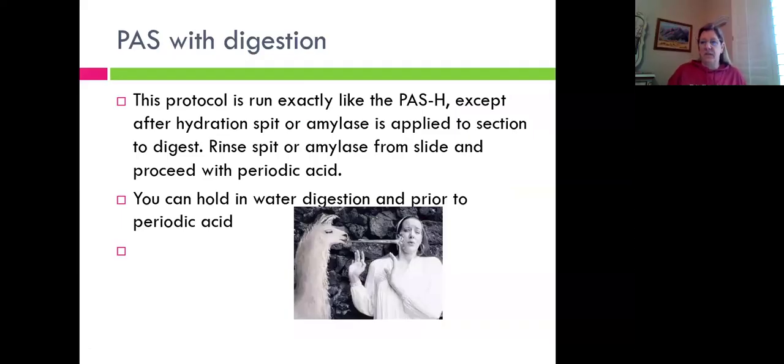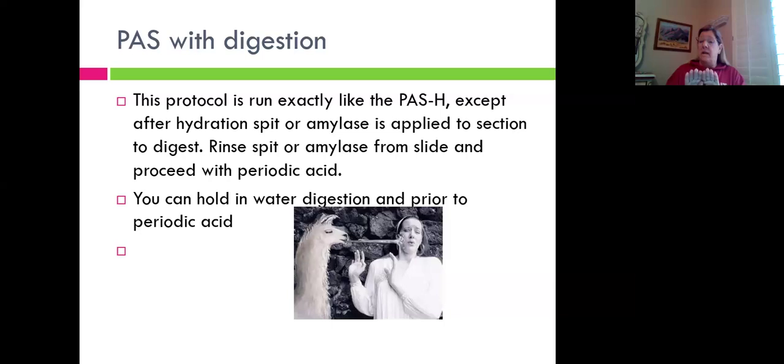So then we have the PAS with digestion. This protocol is run exactly like the PASH. The difference is that you're going to have two patient slides and your controls, and the patient slides are identical sections.